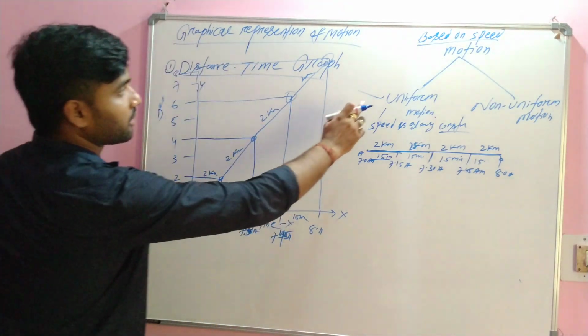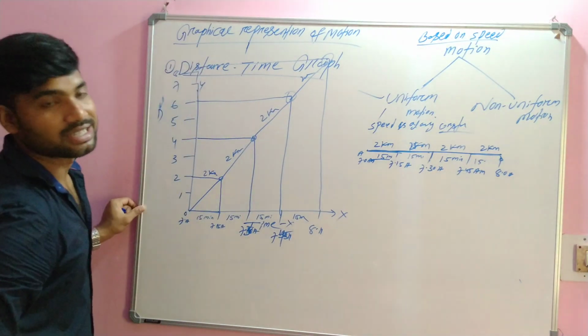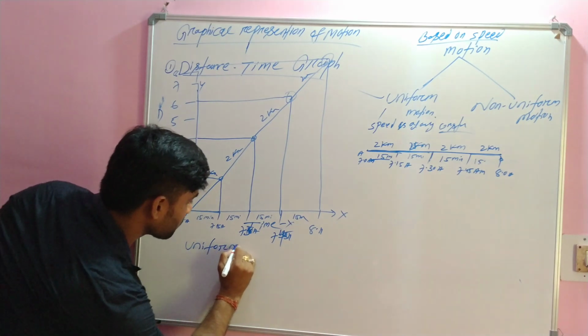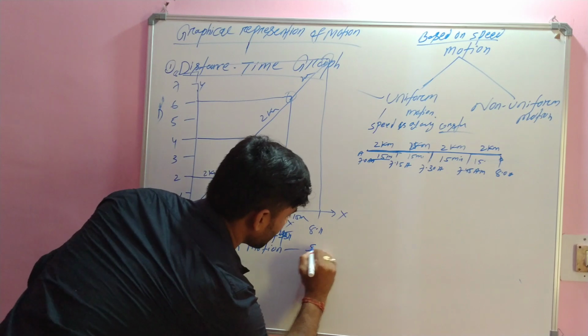Uniform motion is always a straight line on a distance time graph.